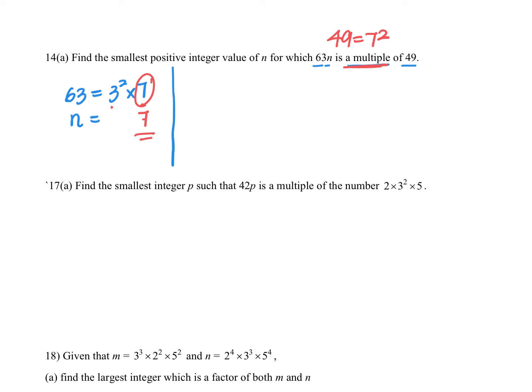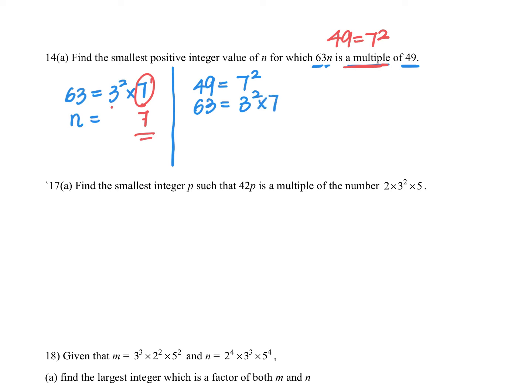The other method that we can use is, let's look at the question. This is talking about 63 times n, then 49, so it actually involves two numbers. I have the number 49, which is 7 squared, and the number 63, which is 3 squared times 7.